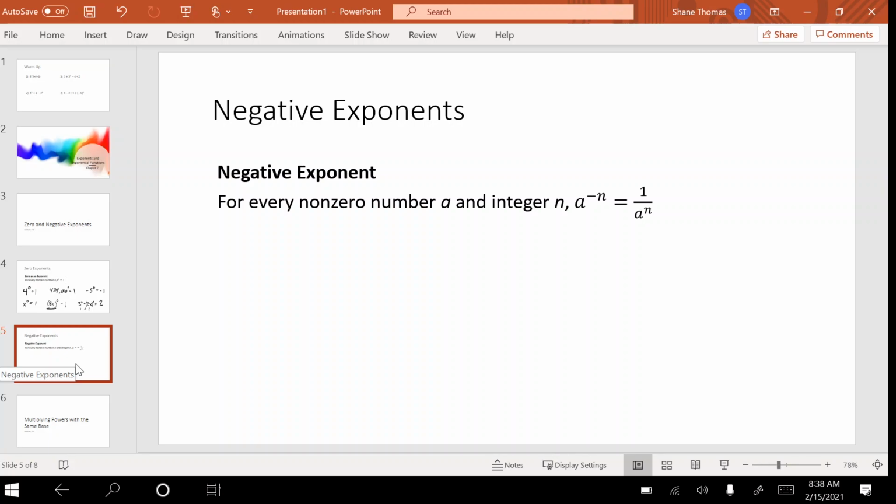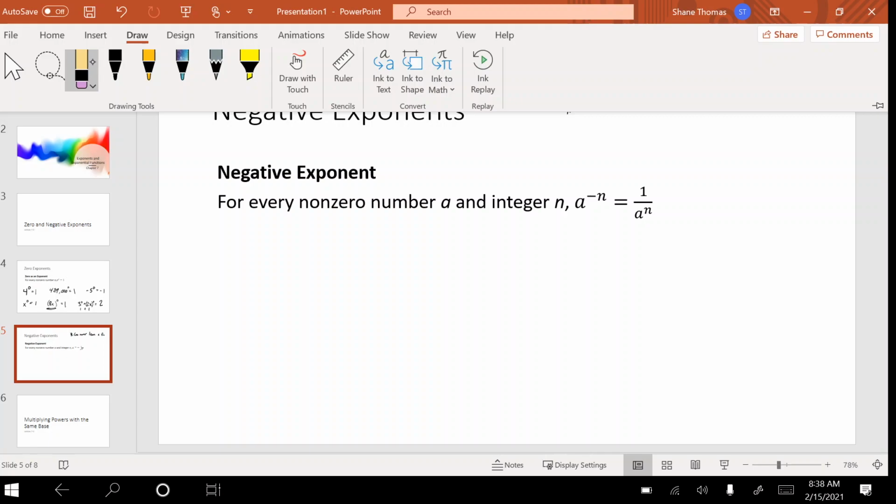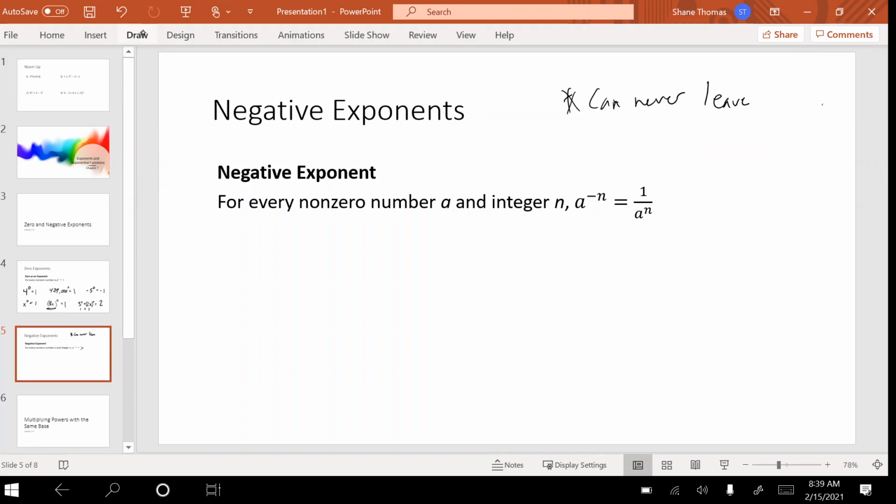Here's a problem. A negative exponent, first thing I want to put up here is, I would write this down: you can never have a final answer with a negative exponent.